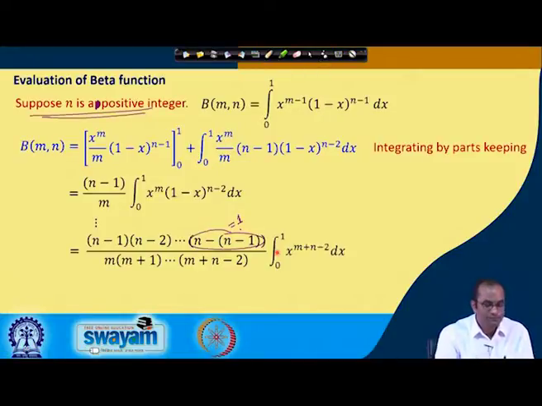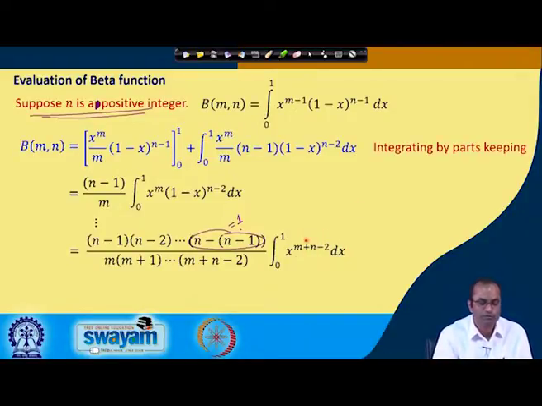Then this integral becomes 0 to 1 of x power. Because here the power is increasing, it was x power m minus 1, after integration by parts once we got this m here. Naturally this is the same as what we have in the denominator, the last term. So, the power of x will become m plus n minus 2, so m plus n minus 2 dx, and now this is the integral with no other term; the 1 minus x term disappeared completely.